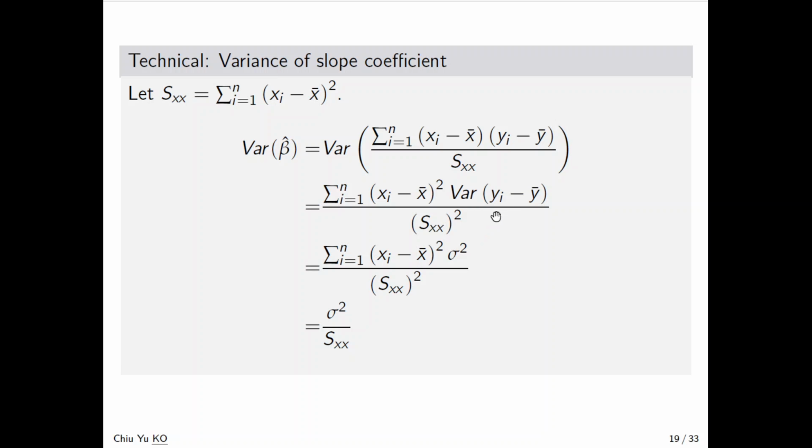Since yi minus y bar has only the constant term alpha plus beta x bar, only epsilon is left, so it's sigma square. Then sigma square is taken out, and SXX over SXX squared gives SXX, so we get sigma square over SXX. This is why we explain this.